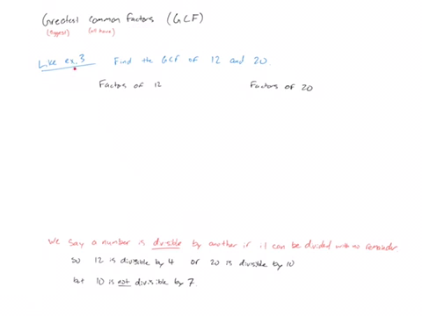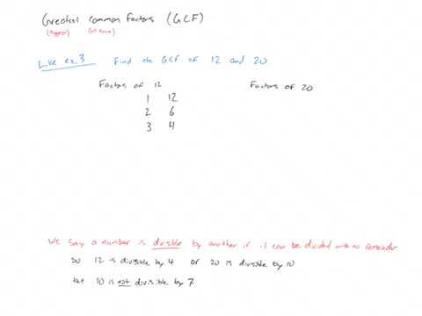So this is kind of like example 3. Find the greatest common factor of 12 and 20. Let's start off by listing the factors of 12. Going through that same principle, the same way we did it earlier, we'd have 1 and 12, 2 and 6, 3 and 4, and that's all of them.